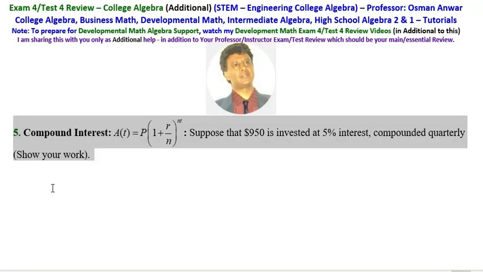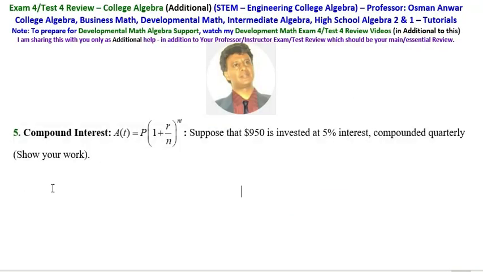Number 5 is compound interest, which is A of t equals P times (1 plus r over n) to the nt. Suppose that $950 is invested at 5% interest compounded quarterly.